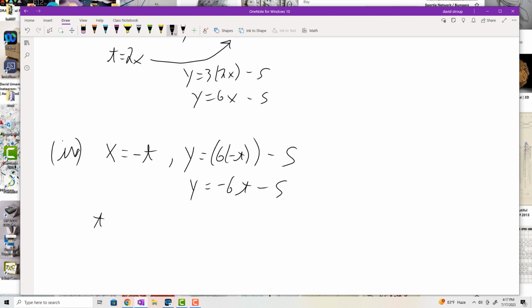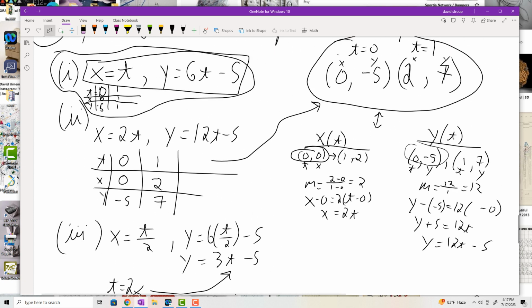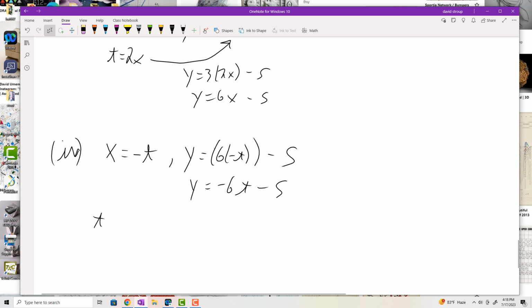And then you go to your t table. In the first kind of problem, the orientation went from 0, negative 5, and then 1, 1. So that's going in the standard way. Let's see if we get the same here. What's going to happen if I put a negative in there?